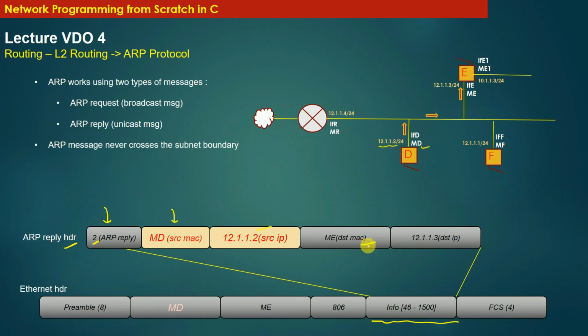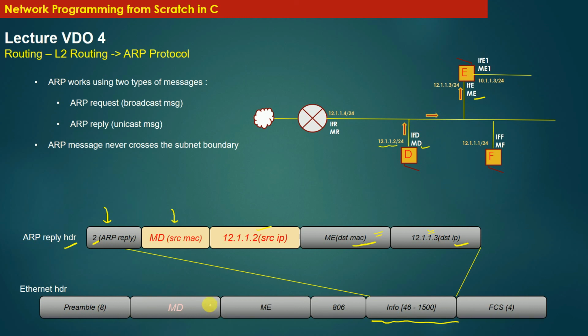And the destination MAC address will be ME, that is E, because machine D is replying back to machine E. Therefore, the destination MAC address will be the MAC address of machine E, and the destination IP address will be the IP address of machine E, right? So here the replier becomes the source and the machine which generated the ARP broadcast message becomes the destination.